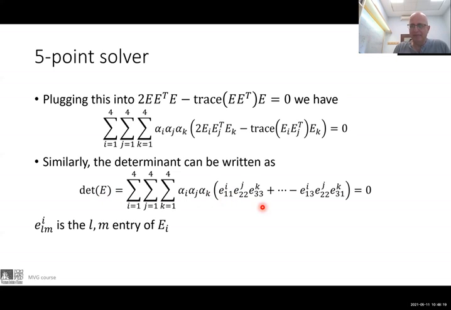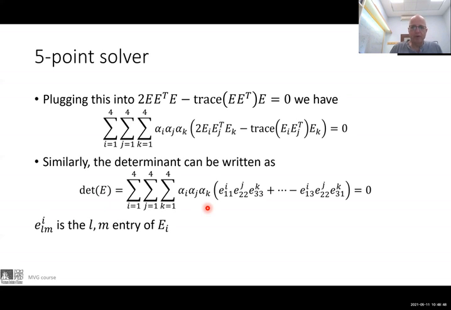So again I get a form like this, where E_LM^I is the LM-th entry of EI. This looks complicated, but overall it's not too complicated. The principle is simple.